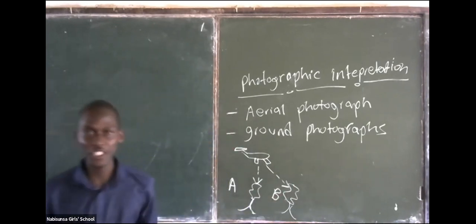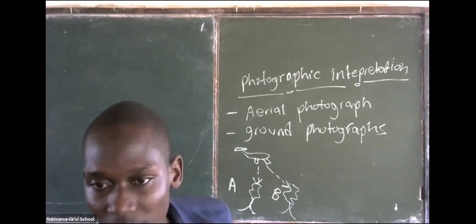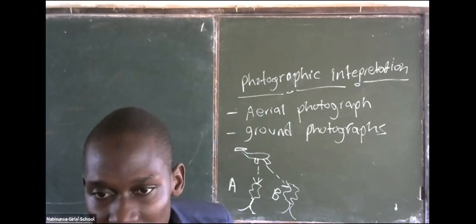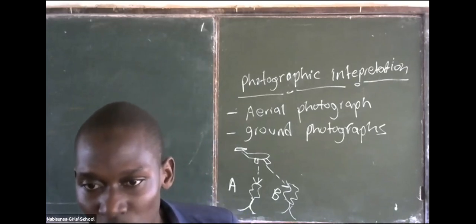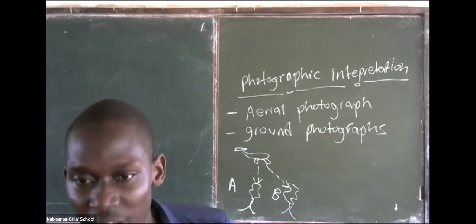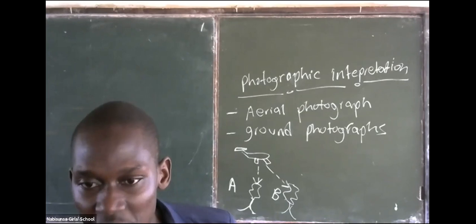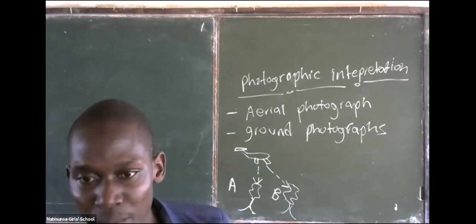Before we proceed, let me see in the chat what people are having. Yeah, people are giving good answers. A picture of which the photographer is not connected with the ground but is rather in the air. Thank you. Mirembe is saying these are photos taken from the air when the photographer is not on the ground. Thank you for the submission.